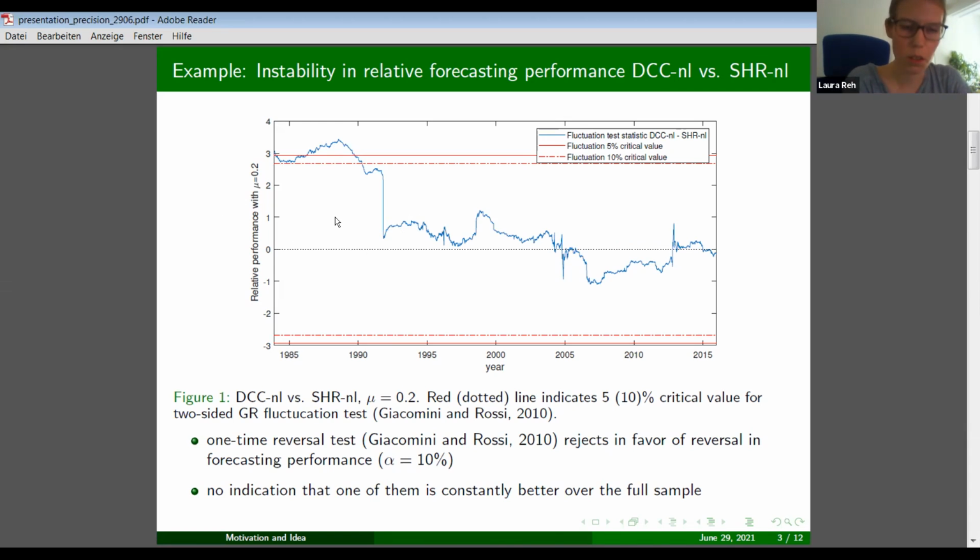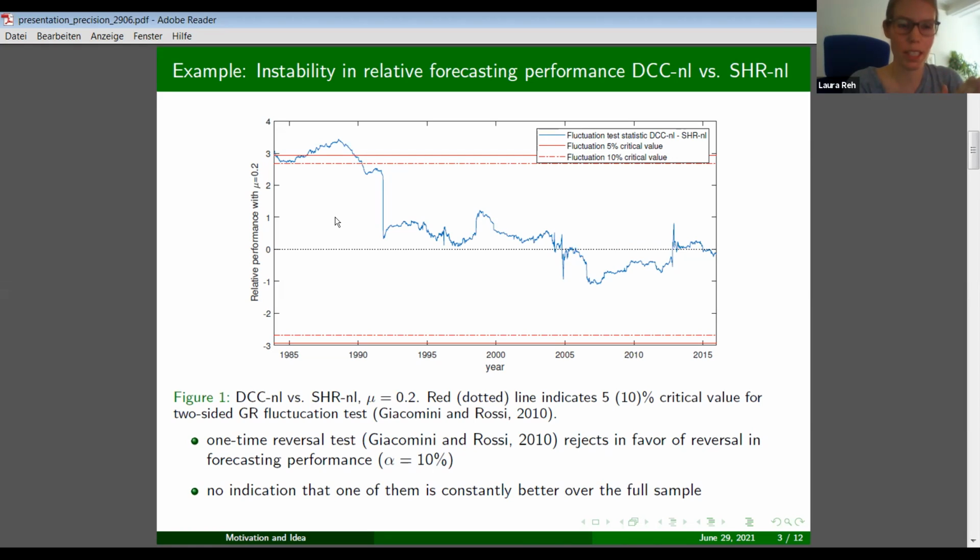So to quantify that, we also conducted the related test, also proposed by Giacomini and Rossi, a so-called one-time reversal test, which tests for a reversal in the relative forecasting performance. The test rejected the null only at a 10% level. A problem of this test is that if there are potentially more than one reversal or change point in the time series, then it loses power.